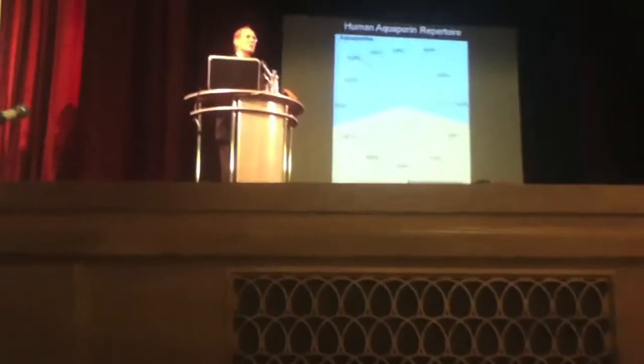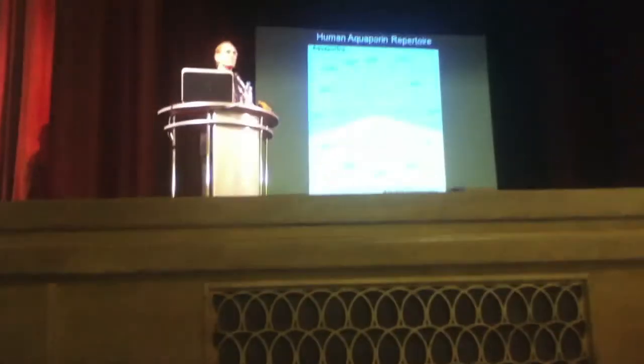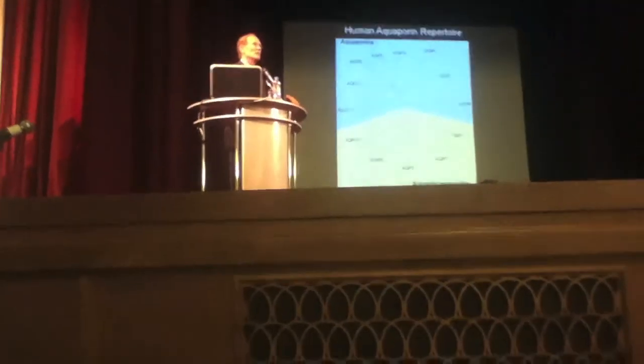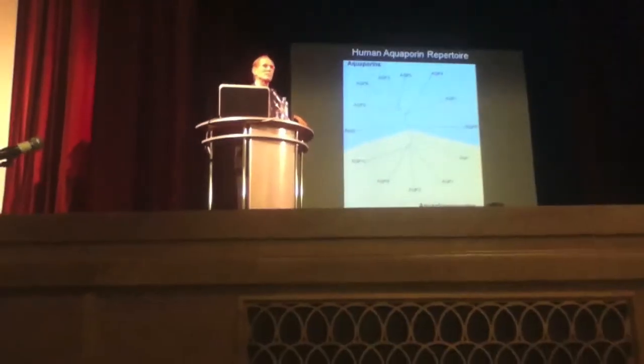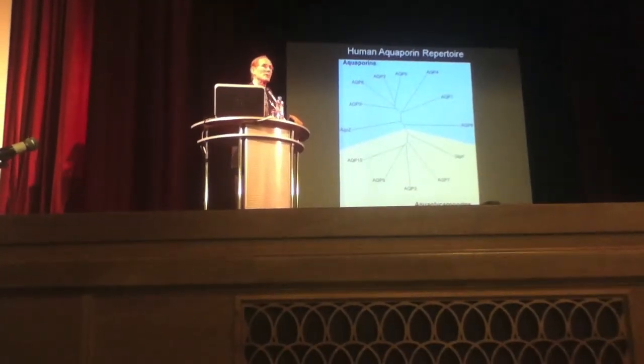So by homology cloning, our laboratory and several other laboratories jumped in and cloned out now hundreds of different aquaporins. Basically every life form has at least one, if not multiple aquaporins. And shown in this gene pileup are the two subsets of the aquaporins from the mammalian or the human repertoire.